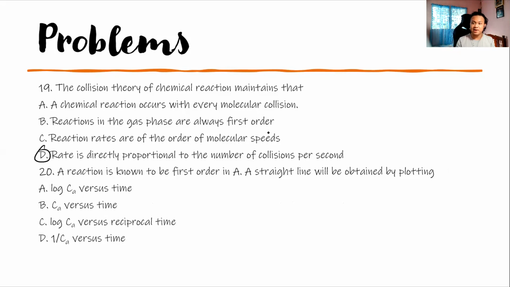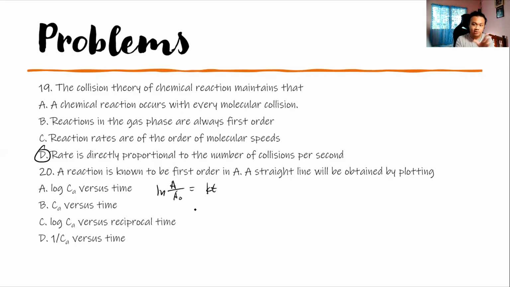And also, the reaction is known to be first order in A. So a straight line will be obtained by plotting, if you can remember the first problem that we solved, ln A over A0 equals kt, right?